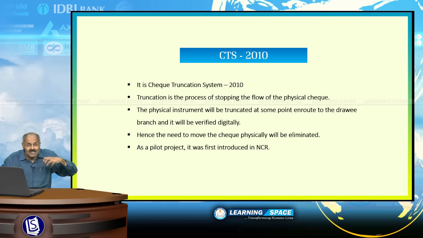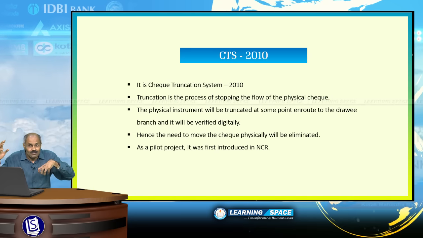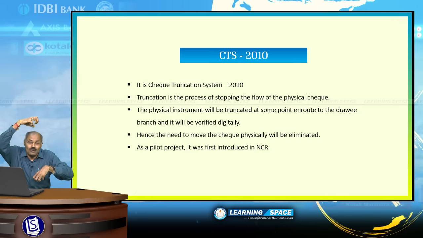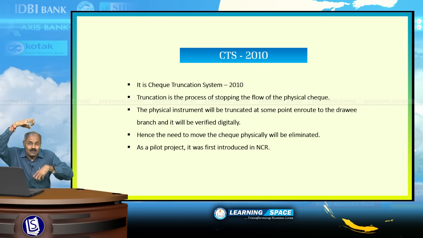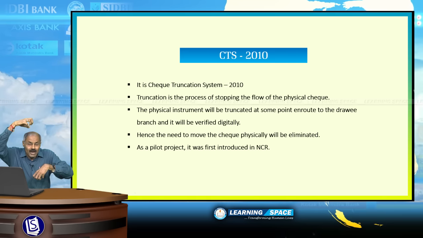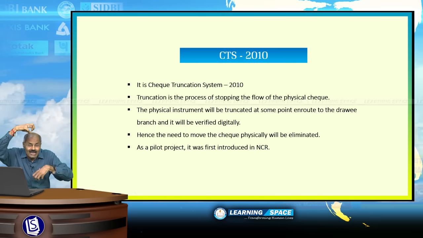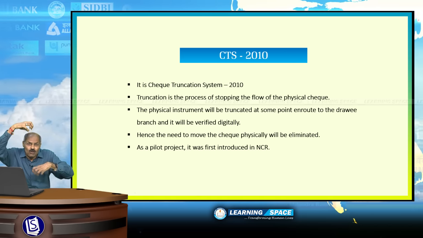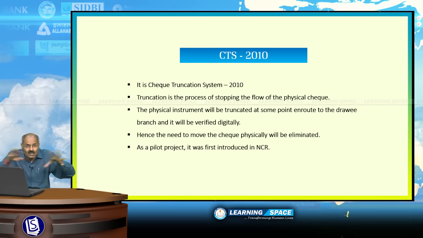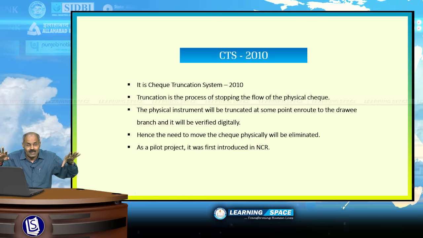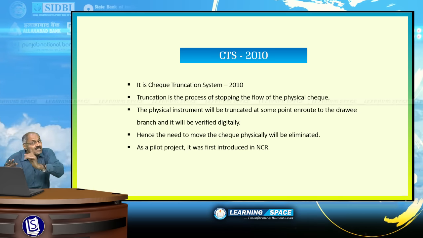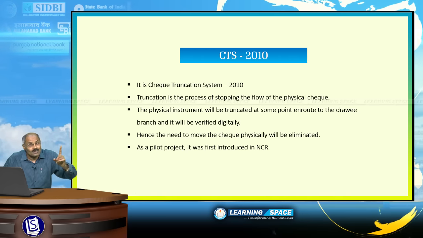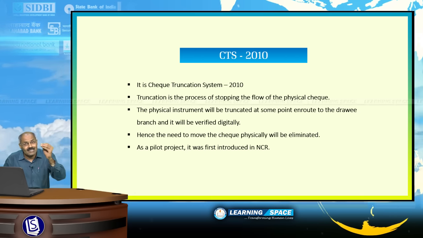If someone is presenting a check in Bangalore, and the account of the maker of the check is in Delhi, then only the image will go from Bangalore to Delhi, not the actual check. It will be verified through image processing. The physical check will not move. So that is the feature of this CTS check.